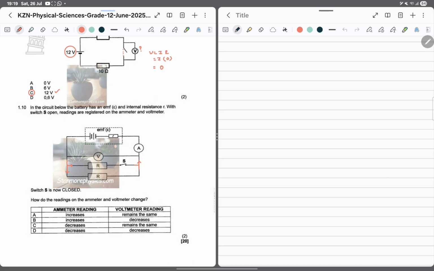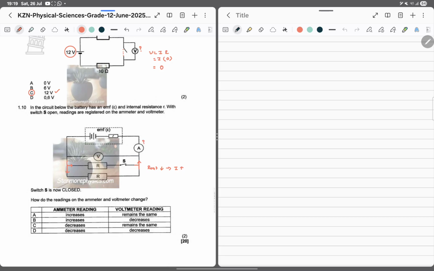and completes the circuit. Now with a parallel connection, what do we know? We know that the effective resistance is decreasing, right? And if that's the case, it means the current should increase. Right, that's the best we can say so far. Now, how do the readings on the ammeter and voltmeter change?